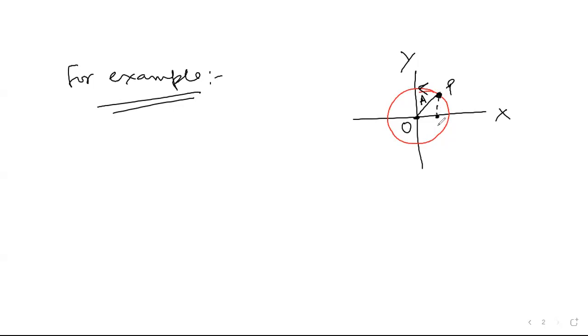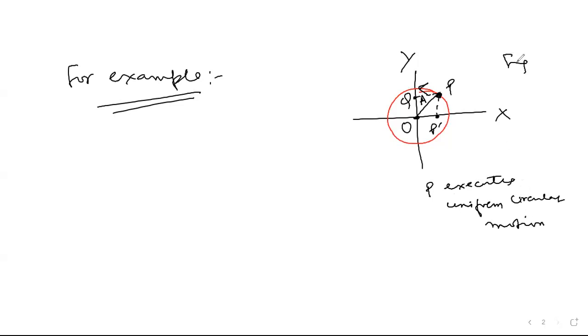So P has one projection, we call that P prime on the x-axis, and another projection, we call that Q on the y-axis. So P executes uniform circular motion.